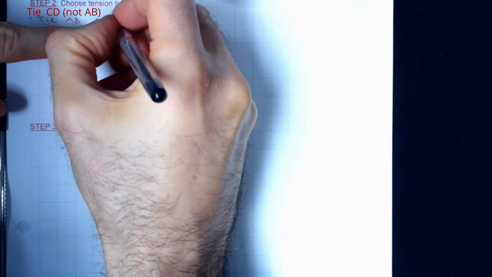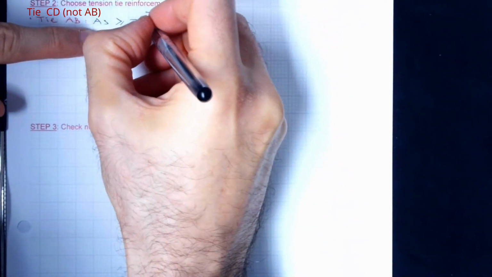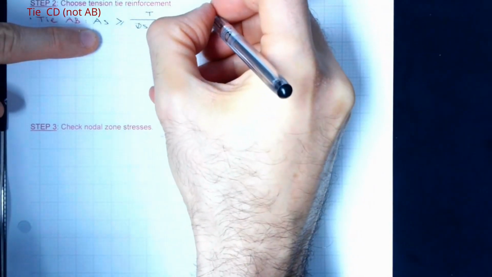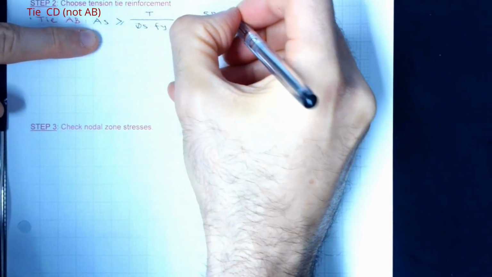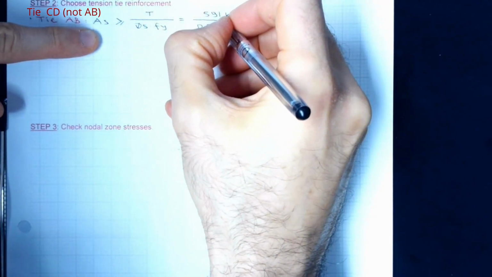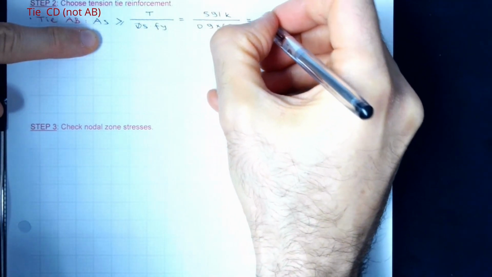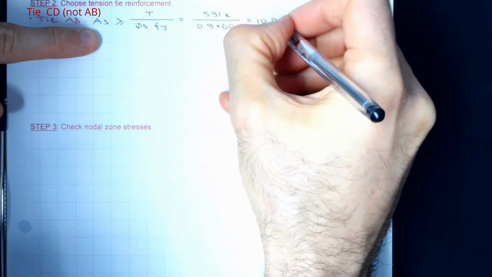The general formula is As should be larger than tension divided by phi times Fy. So tension 591 kips. AASHTO uses the reinforcing steel multiplier as 0.9. If you are using a different code, you can adjust that. Otherwise, it's going to be the identical solution.